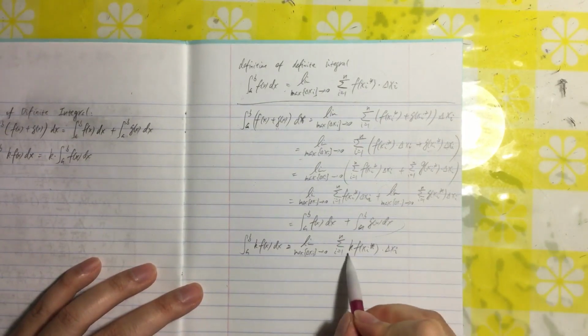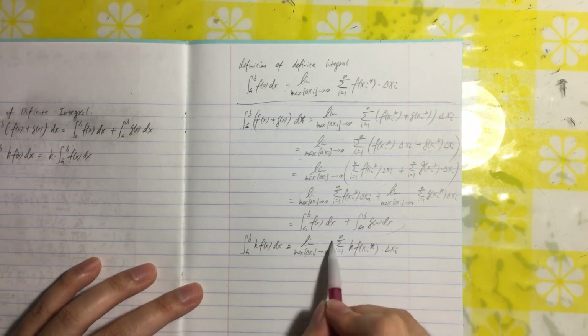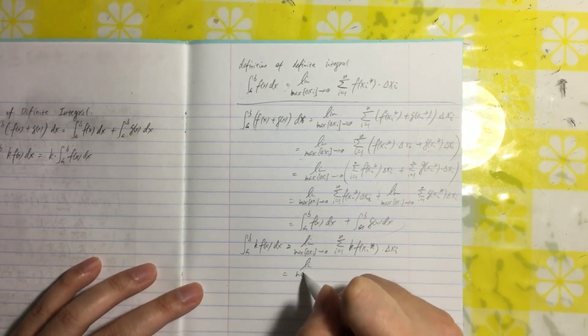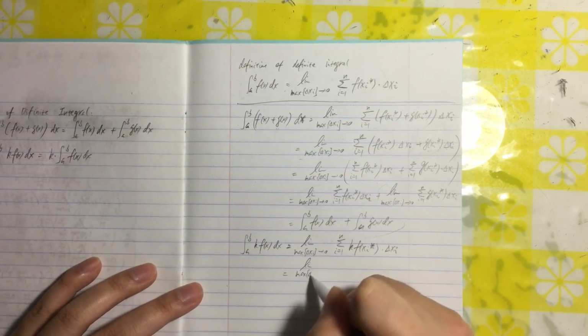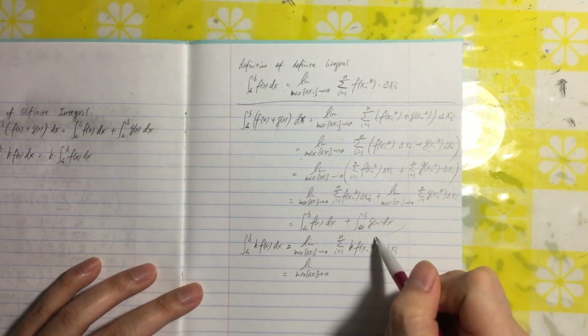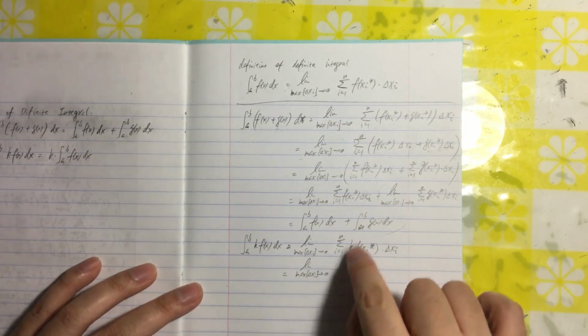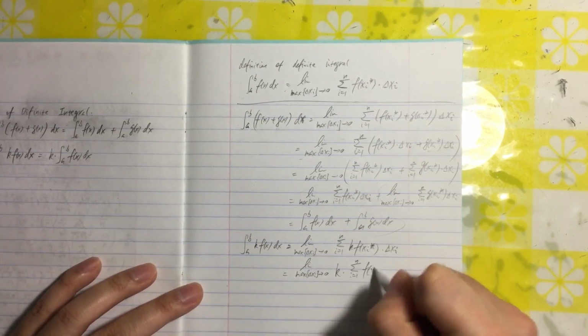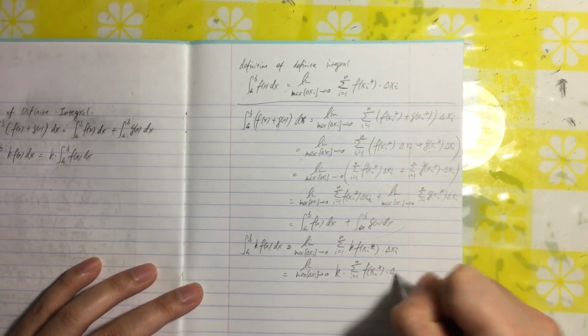Since k is a constant multiple inside sigma, I can always pull out the constant. The limit stays the same. I can pull out k and get k times sigma i from 1 to n of f of Si star times delta Si.